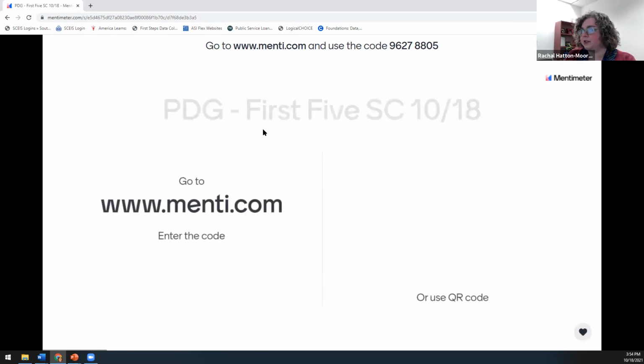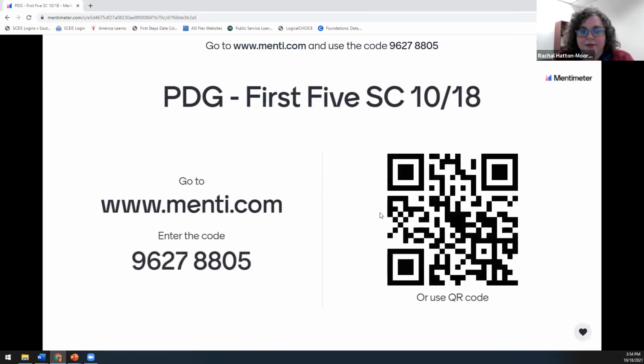I'm actually going to go back a screen so that you have a QR code if you'd prefer to do it that way. I see we have 2 responses. Now we have 4. And I think you can enter up to 5 words or phrases. So I'll give you just a couple more minutes and then we'll share it out among the group.